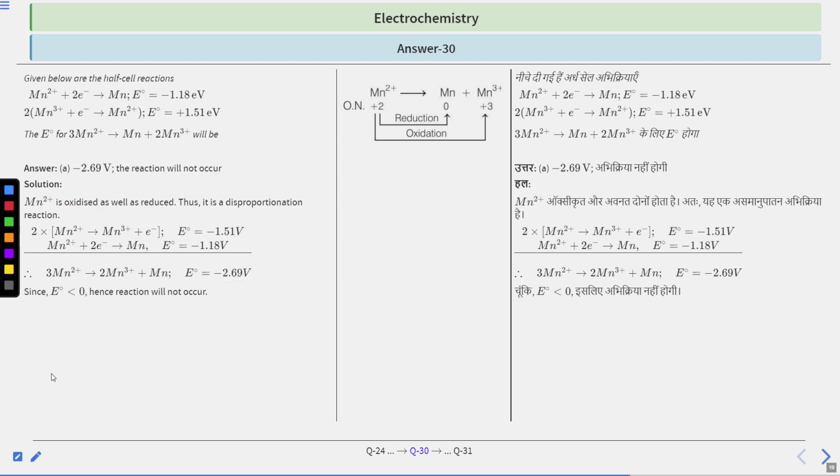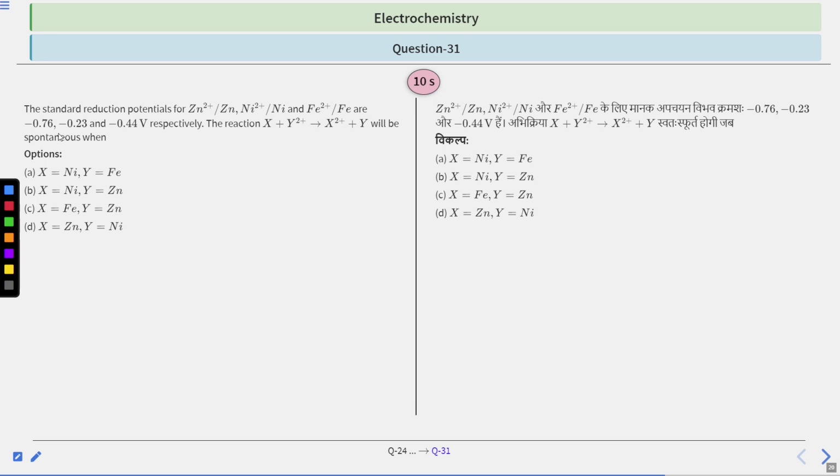Okay, let's see the next question. Question number 31. The standard reduction potentials for Zn2+/Zn, Ni2+/Ni and Fe2+/Fe are minus 0.76, minus 0.23, and minus 0.44 volt respectively.